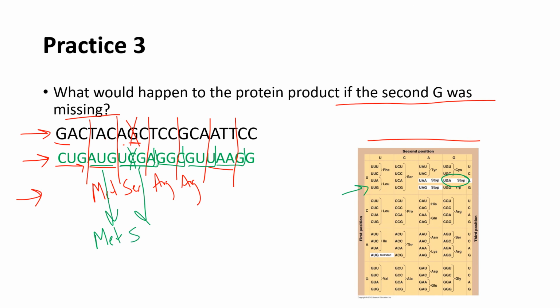So that's a stop. So this is going to create a nonsense mutation. A nonsense is an early stop. So now this protein has been eliminated. And the most likely result of this type of mutation is a lethal.